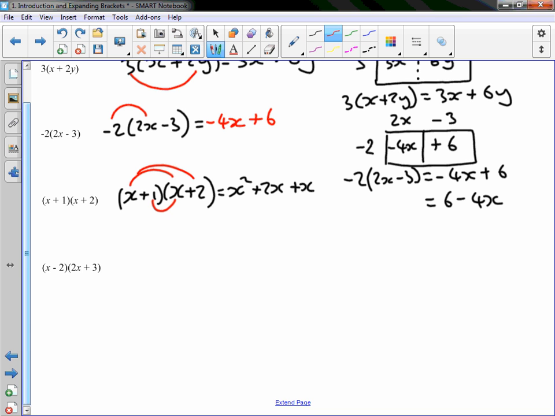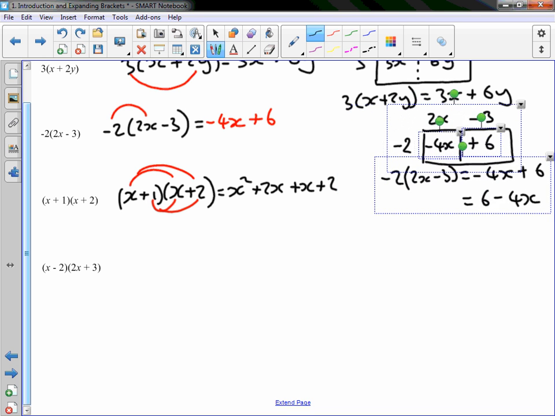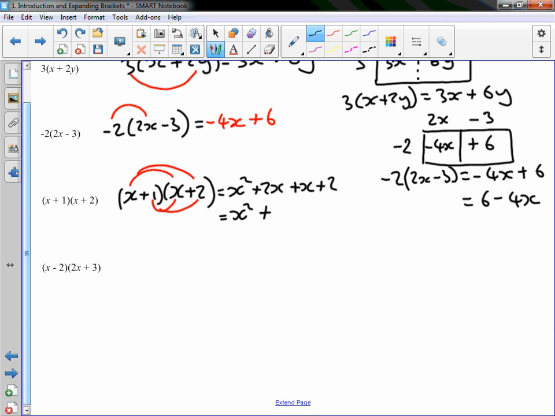And I have 1 lot of 2, plus 2. So, not quite finished. Need to collect my like terms together. I've only got 1 term involving x squared, so x squared. I have 2 terms involving x. I've got 2x plus x, so that's 3 lots of x. And I have only 1 constant, the plus 2 at the end.